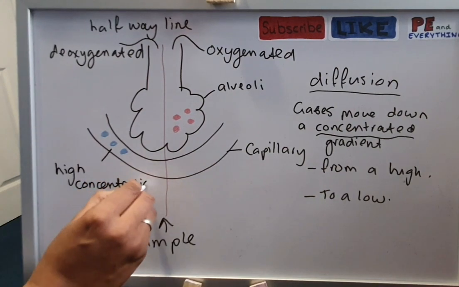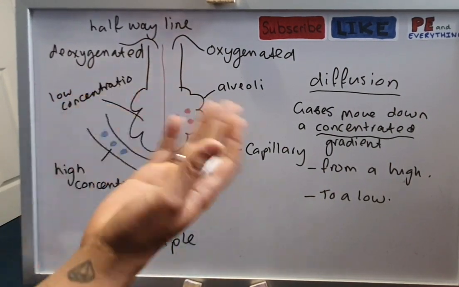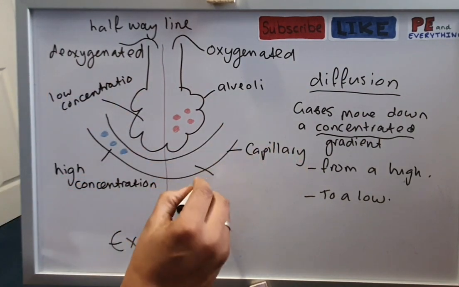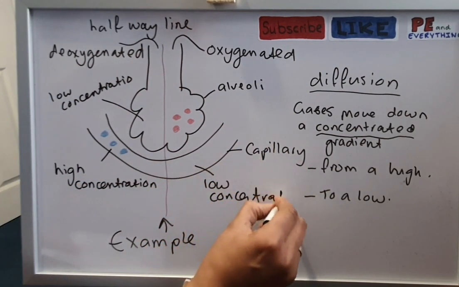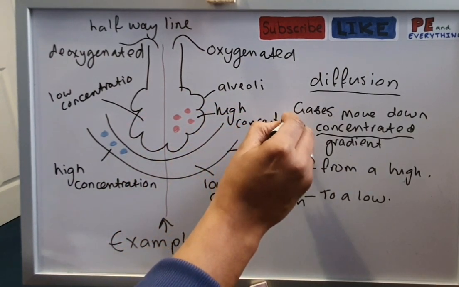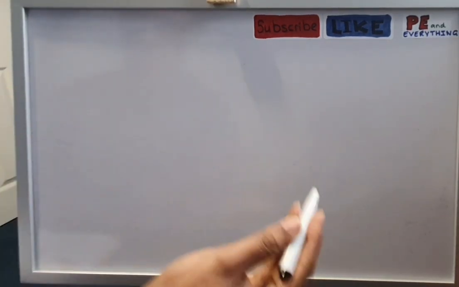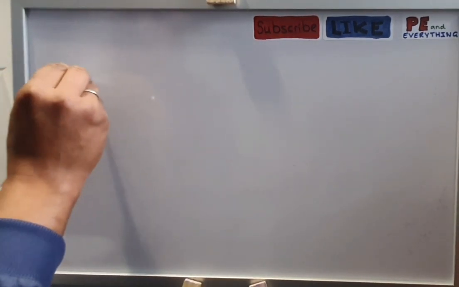As we know, the blood vessels contain carbon dioxide, so therefore it's a high concentration area. This needs to go into the low concentration area where there is none. This process is called diffusion.